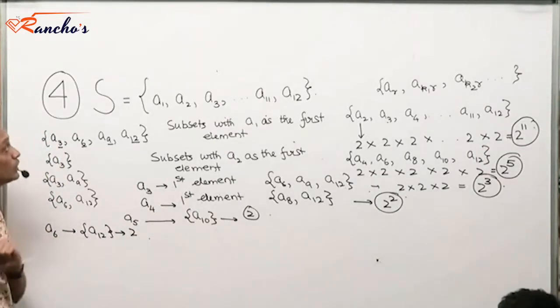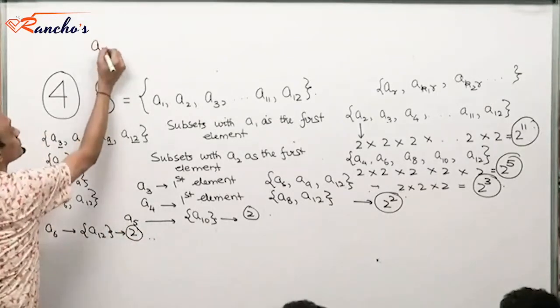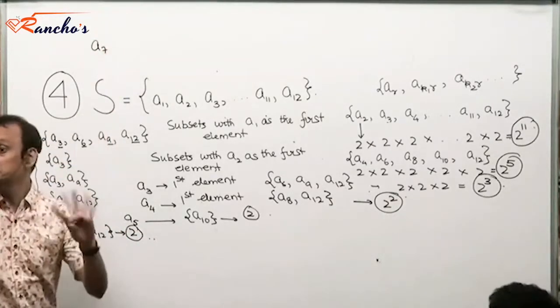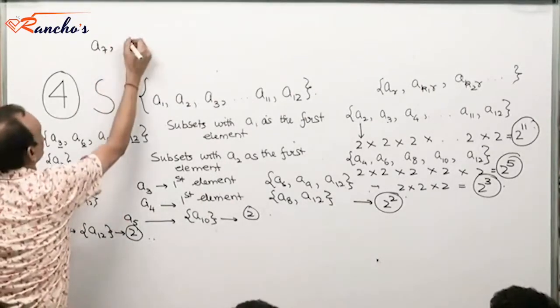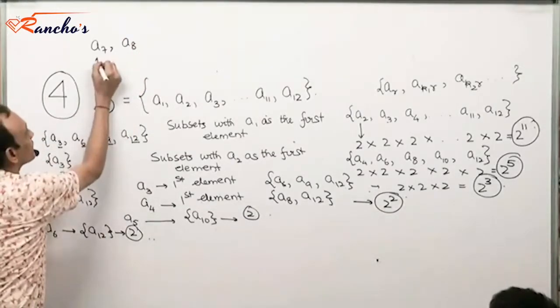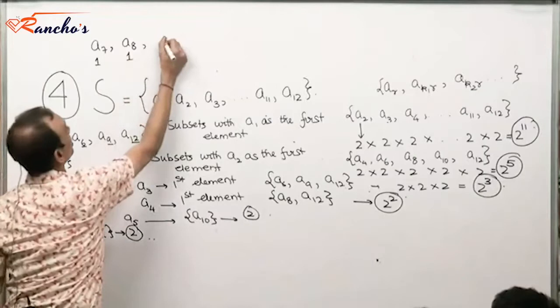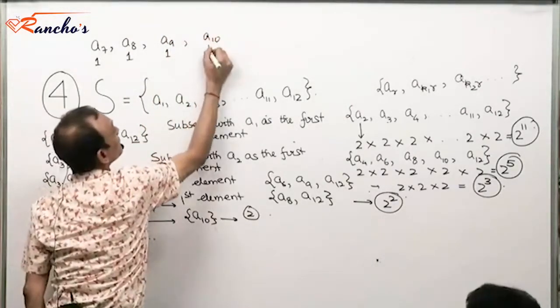Now, if A7 is my first element, that's it. It will not have any other pair. If A8 is the first element, just 1. If A9, 1. If A10, 1.